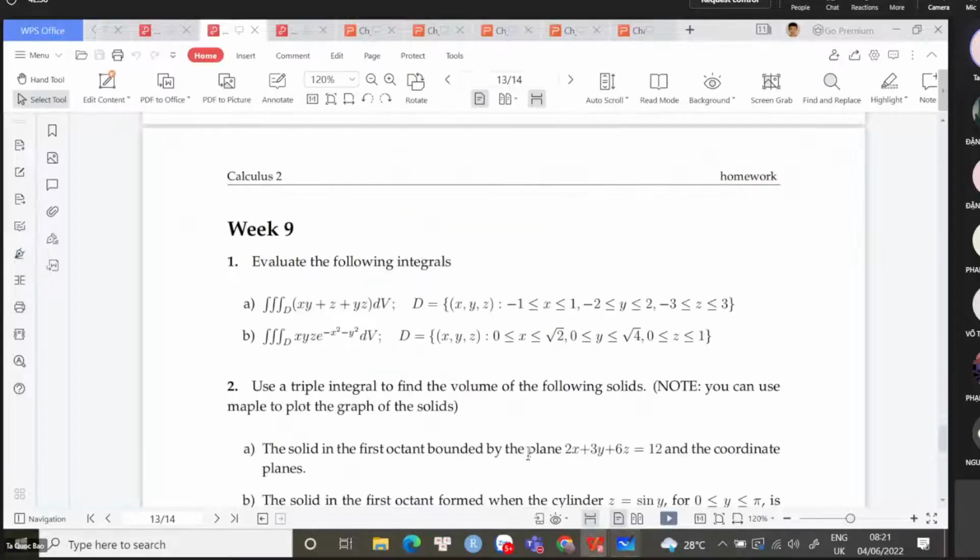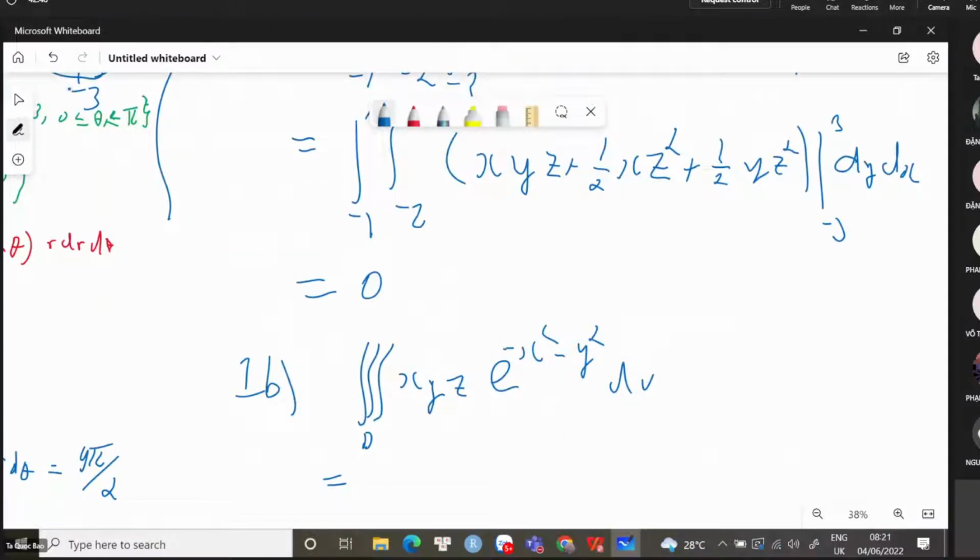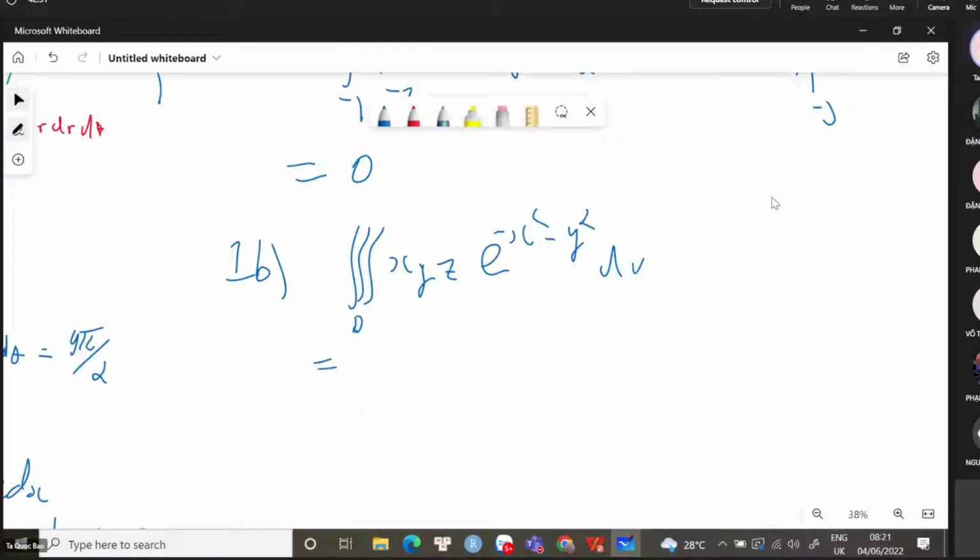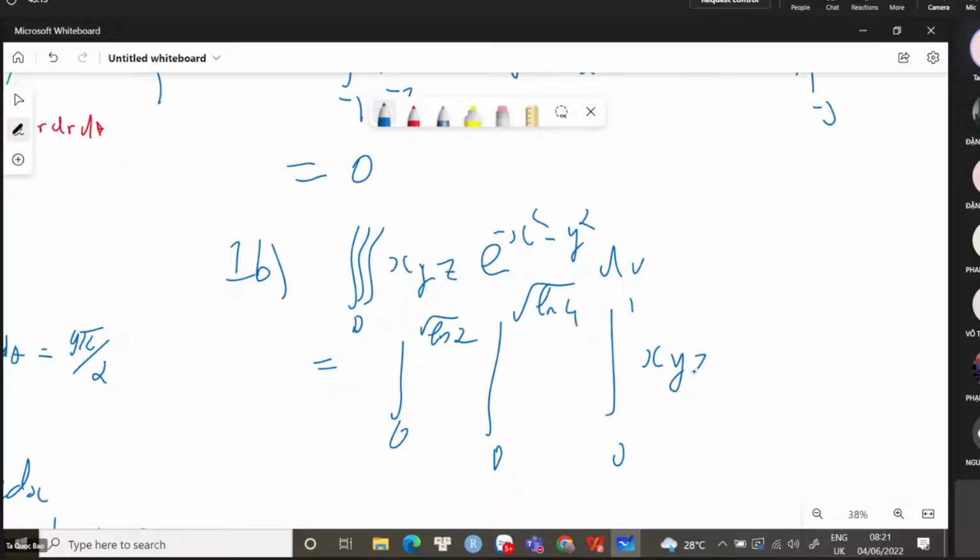So look at the region D. D is similarly a box, and you go from 0 to square root of 2, from 0 to square root of 4, and from 0 to 1.